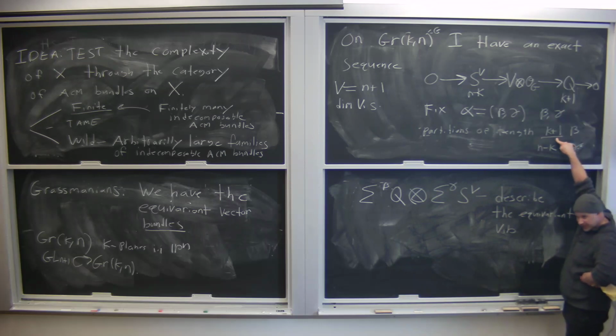Beta is a partition of length K+1, so it has K+1 elements. Gamma has N minus K elements.